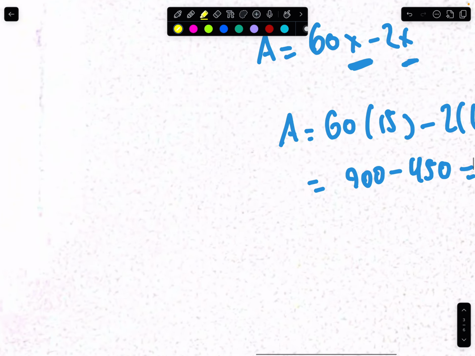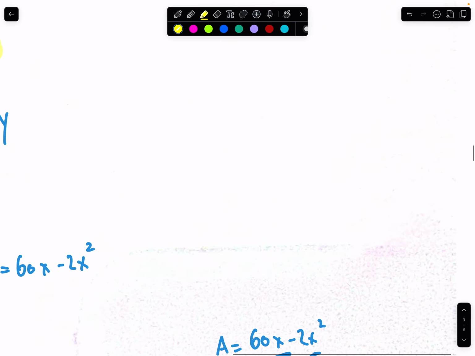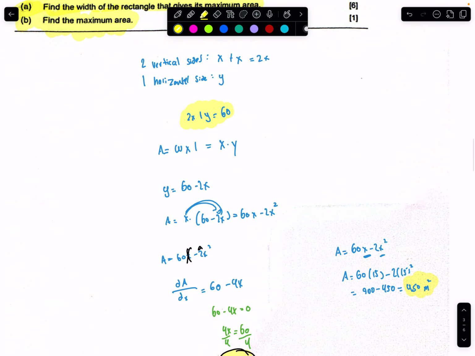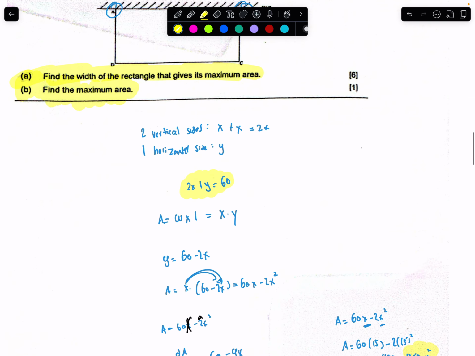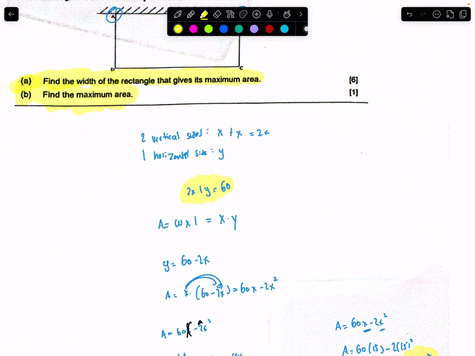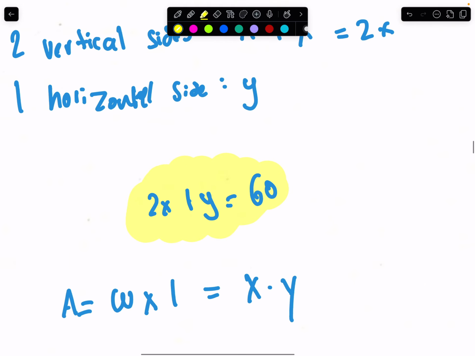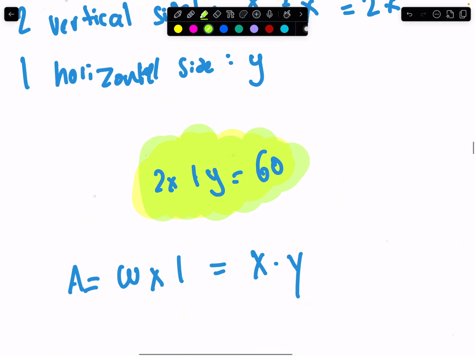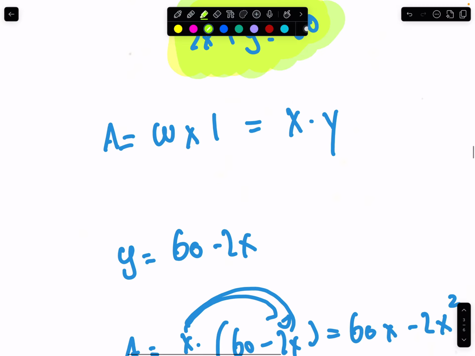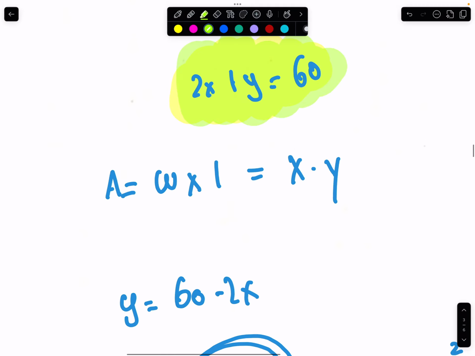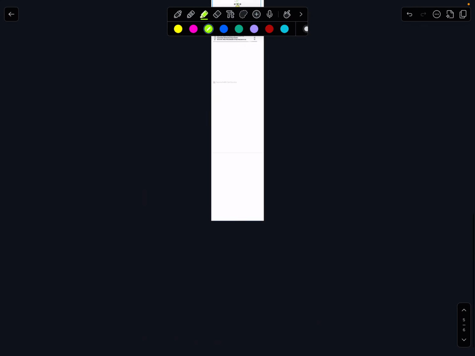Now tips to remember for optimization: we have to always label variables clearly. We have to know the formula for what you want to maximize. The other formula that you could use is judged by what you're given.